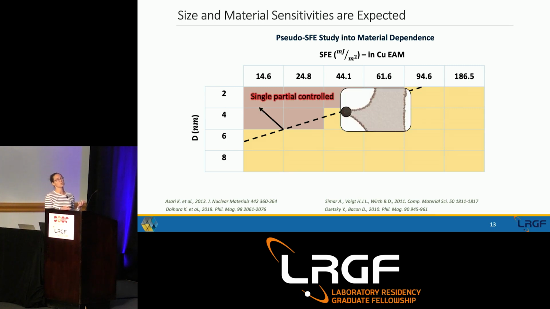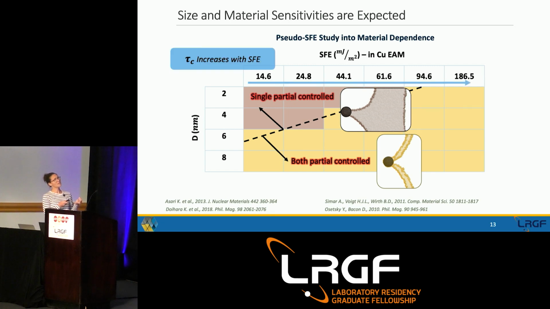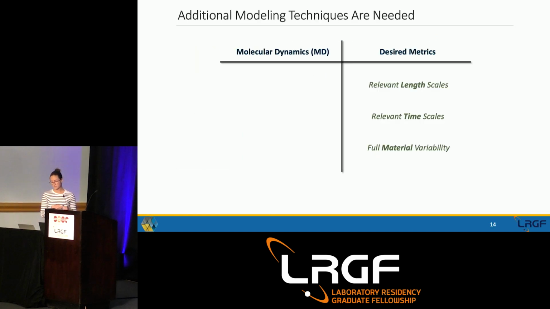One is the single partial controlled, where one partial does move ahead separate from the other and interacts independently. And then there's a both partial controlled, where they stay very closely together and look more like the analytical model. And they saw that the overall obstacle strength increases as you increase the stacking fault energy, as well as increasing the void diameter, but not necessarily following those analytical models.